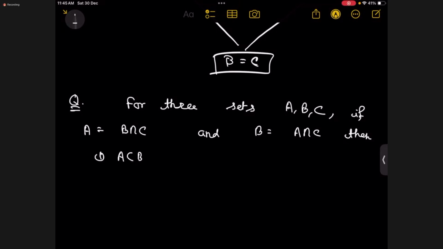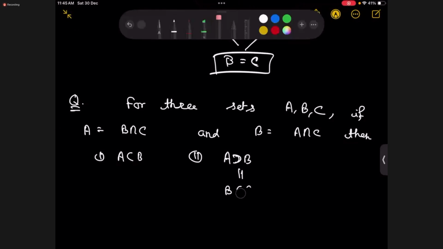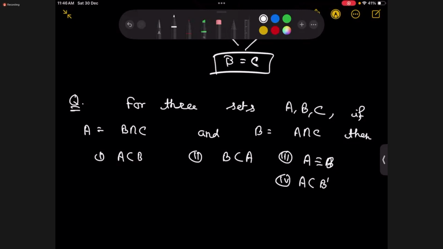Option one: A subset of B. Option two: A is superset of B. This notation denotes superset, and this is nothing but B subset of A, just a notational change. Option three: A equals B. And the fourth one is A subset of B complement.